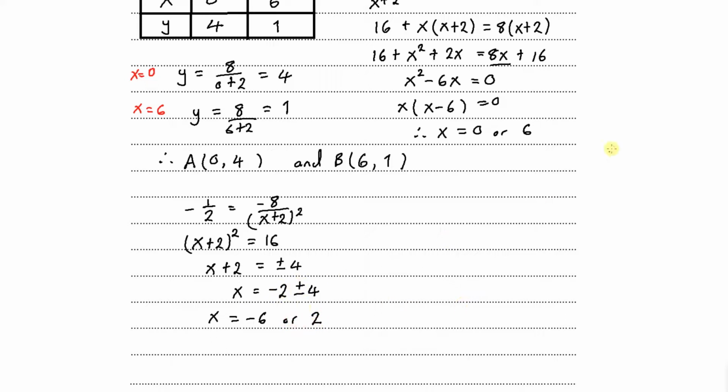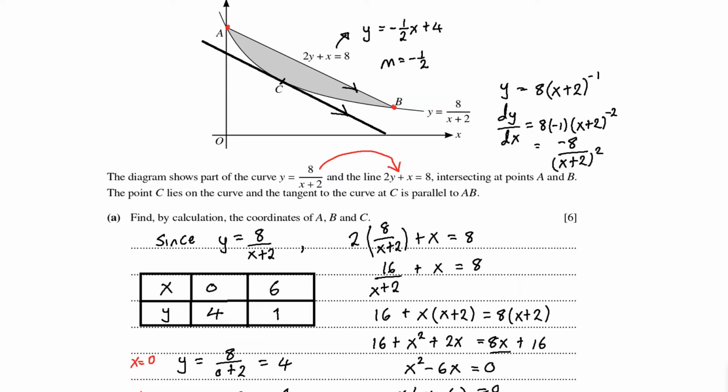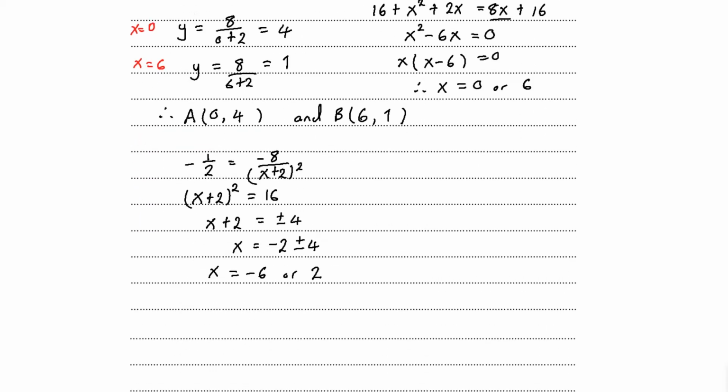But you see here, the x value or the x coordinate of the point C shows that it's actually a positive value. So we will take the positive value, and therefore we'll take x to be equal to 2. So we're saying x is equal to 2. When x is equal to 2, then what is y? We can use the equation of the curve.